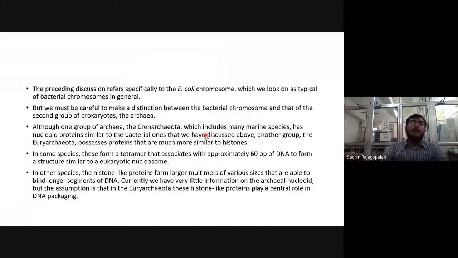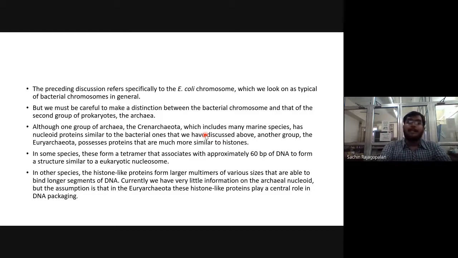Okay. Now, please understand that I told you this earlier also, that we are looking at E. coli as a general scheme for prokaryotic chromosomes, and we are considering that this is how a typical bacterial chromosome is going to look. But we have to also understand that there can be differences in other bacterial chromosomes and also in the archaeal chromosomes, especially in one group of archaea called the Crenarchaeota, which has a lot of marine archaebacterial species.